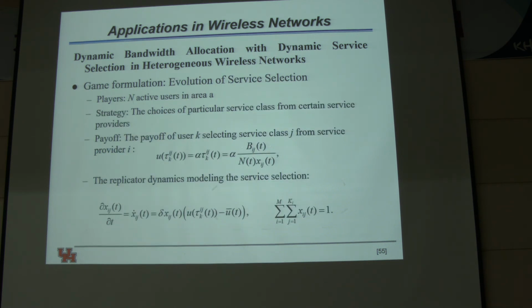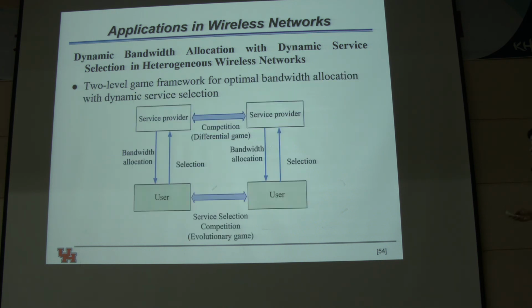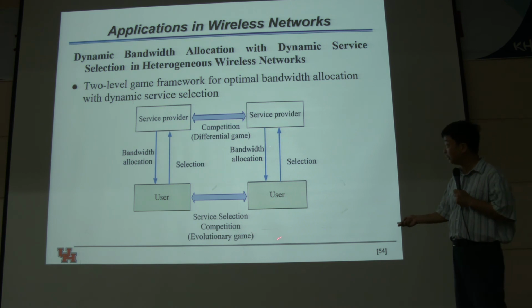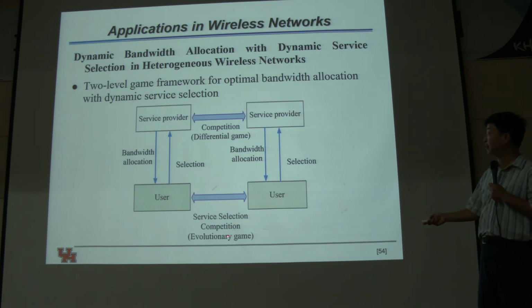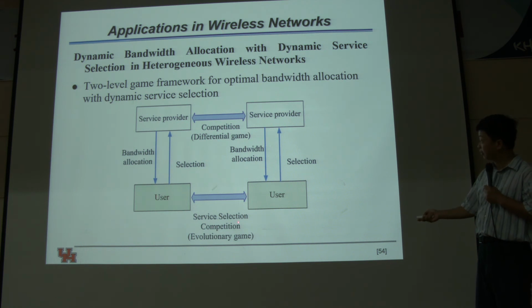And then here is this game formulation. I will talk after the break about the evolutionary game. Basically, the evolutionary game is that the population of one species changes according to different conditions.